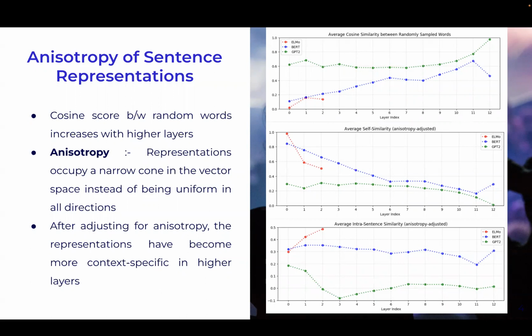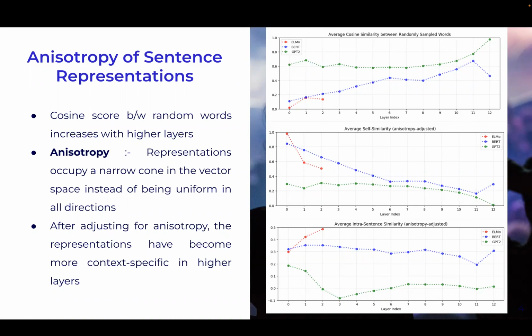Okay, so coming to the next topic, that is anisotropy of sentence representations. Here, there is a study which has done some computations and plotted this graph. The first graph shows the average cosine similarity between randomly sampled words. Transformer-based models like BERT have a vocabulary of around 30,000 words.